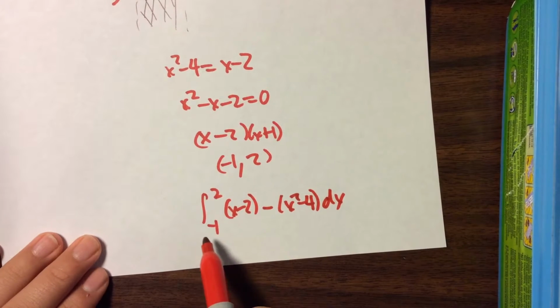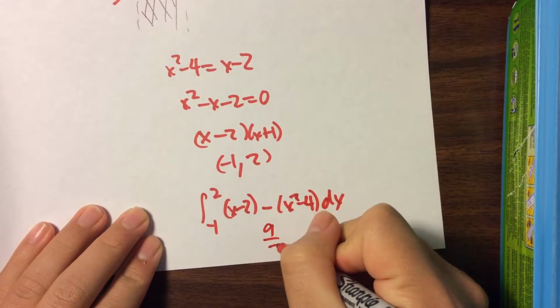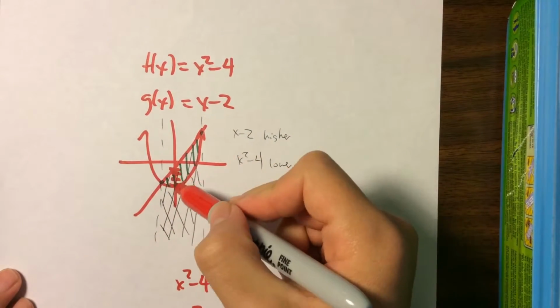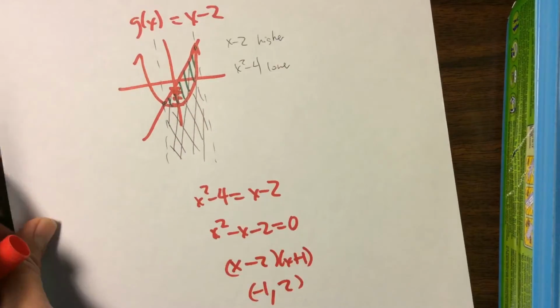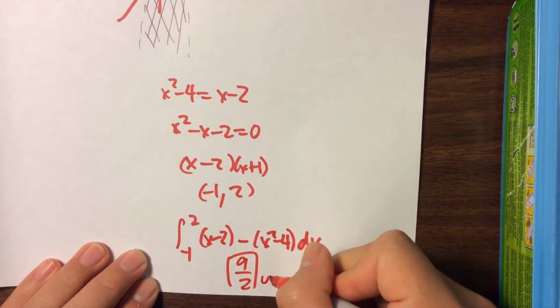So now you have your integral, and you can plug it into your calculator, or if you don't have a calculator, you can solve it with the antiderivatives from there. But with the calculator, you just plug it in and you'll get 9 over 2. So that means that the area, this green area, is 9 over 2, or to be exact, 9 over 2 units squared.